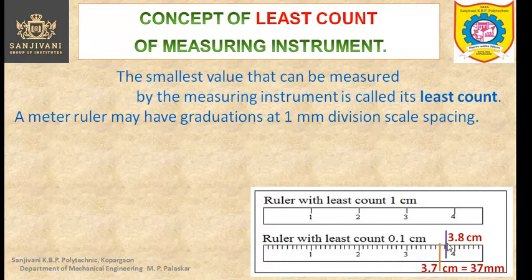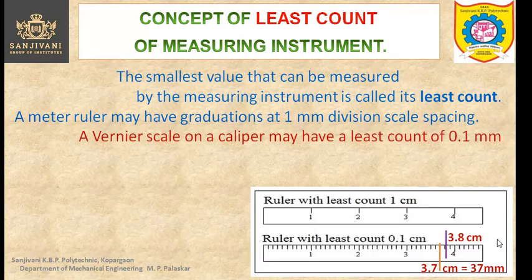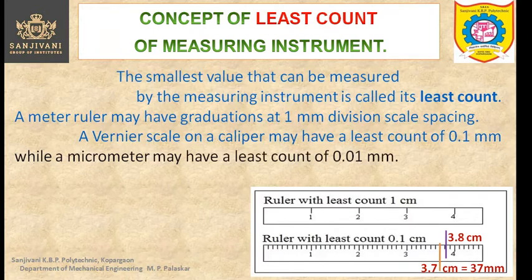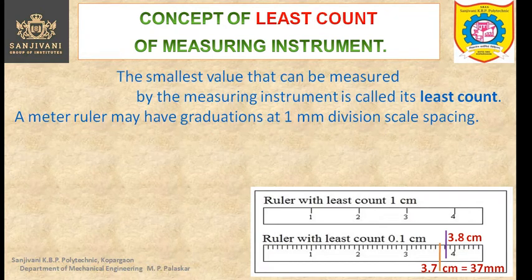From 0, the distance of this line is 3.8 centimeter, that is 38 millimeters. So 38 millimeter minus 37 millimeter will be equal to 1 millimeter. So 1 millimeter, that is 0.1 centimeter, is the least count of this scale.